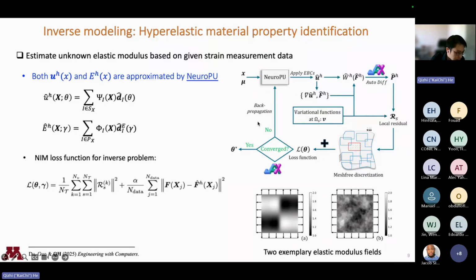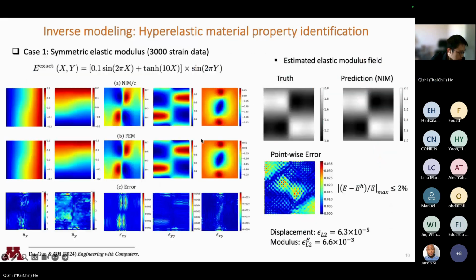In this setup, we only collect some strain measurements, and we have no knowledge about the Young's modulus distribution. With our framework, you can see we can identify the unknown distribution of Young's modulus at a very high level of accuracy.